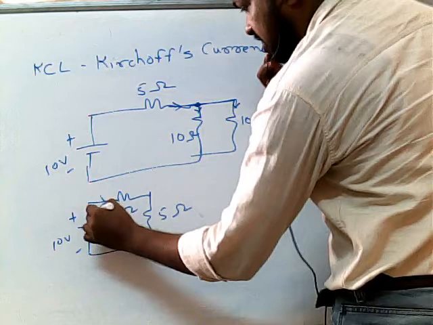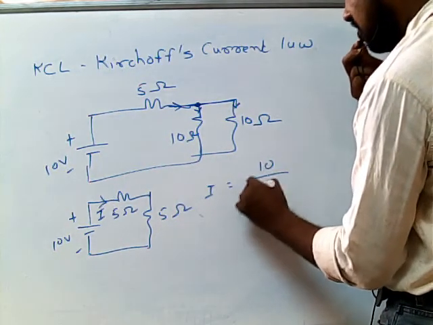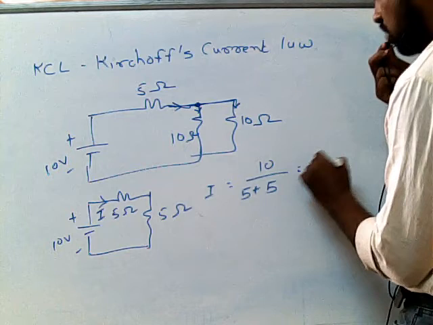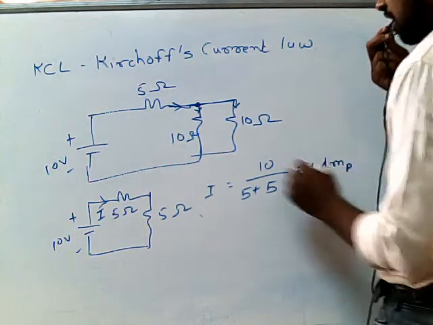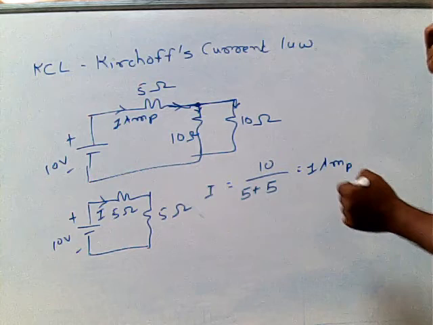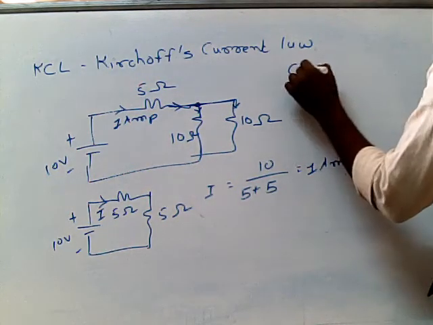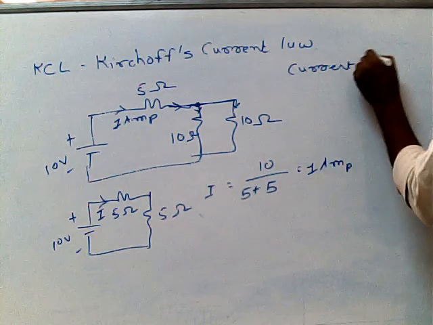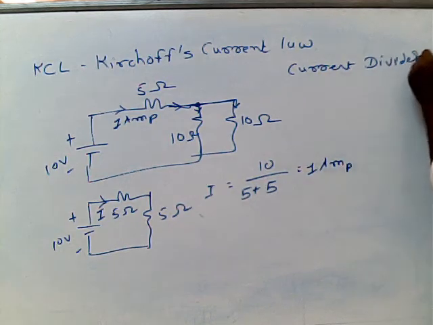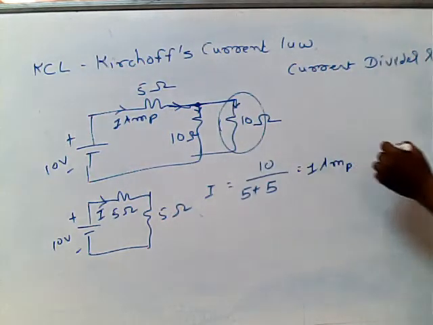Now I can find the current I. So I is equal to 10 divided by 5 plus 5, that is 10, so I will be equal to 1 ampere. So 1 ampere current is flowing through this. Now if I apply the current divider rule, I am finding the current through this 10 ohm resistance.